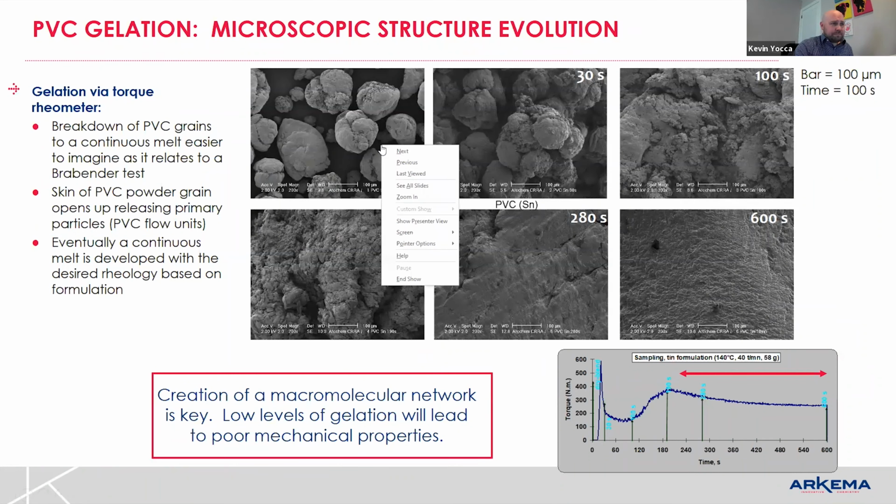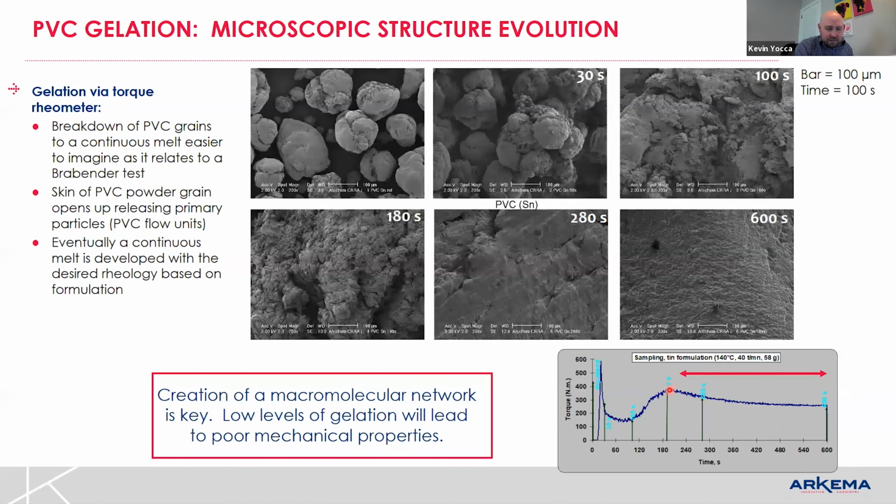So you can see the main idea of moving from the powder in the dry blend through the process of fusion, which I think they have at 180 seconds or so, compacting the powder, starting to break down the skin, opening it up and having the primary particles come out, and eventually moving towards a continuous melt where the primary particles have interacted with each other and the molecules are fully forming a 3D network. Once this cools, you get your secondary crystallite formation and have a nice strong PVC article that's well processed for the targeted application.